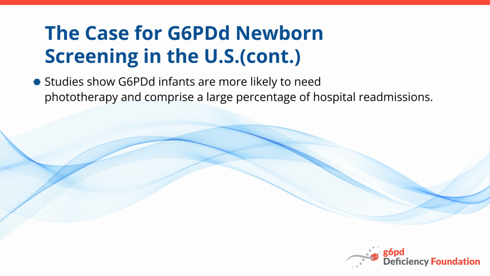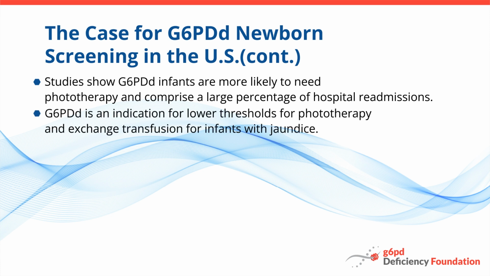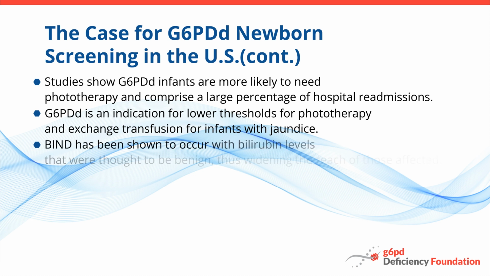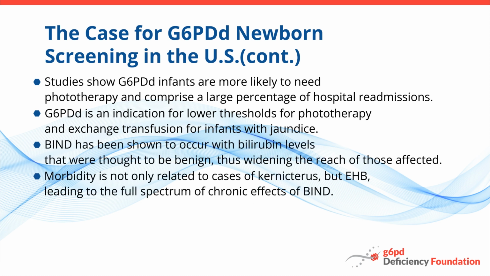G6PD deficient infants are more likely to need phototherapy, and they comprise a large percentage of hospital readmissions. Phototherapy and exchange transfusion are therapies indicated for G6PD deficient infants at lower bilirubin thresholds. BIND has been shown to occur with bilirubin levels previously thought to be benign.